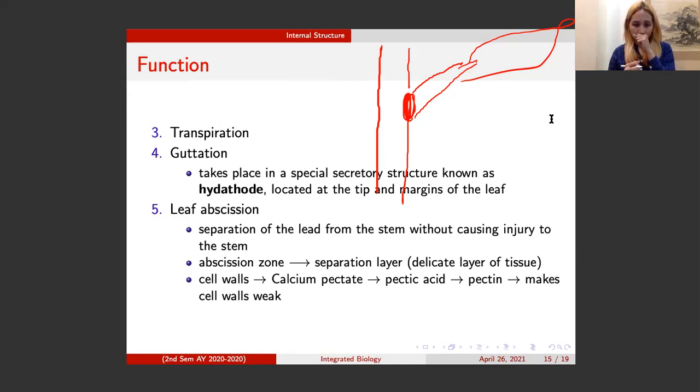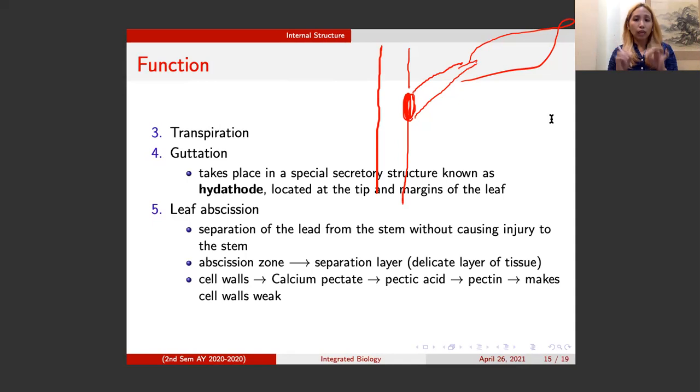Okay? So, in the cell, with the help of ethylene, right, certain hydrolases would be produced. One of these would be calcium pectate. Calcium pectate will then turn into pectic acid. That turns into pectin. Pectin basically makes the cell wall of the separation layer weak.